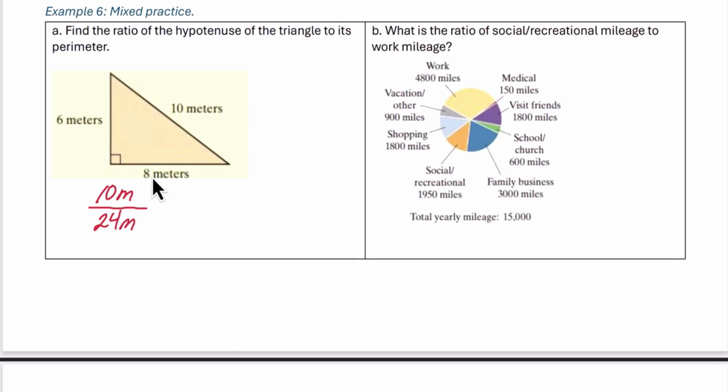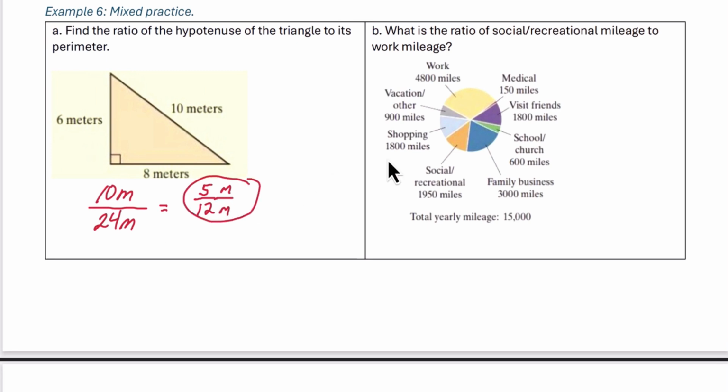So we have 10 meters to 24 meters. Let's reduce this. The biggest factor that is in common to 10 and 24 is 2. So if we divide 10 by 2, we get 5. If we divide 24 by 2, we get 12. So the ratio is 5 meters to 12 meters.